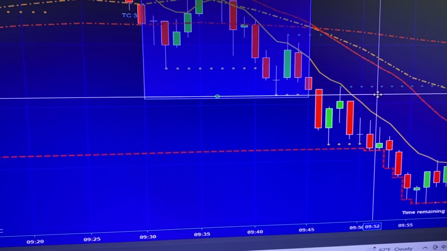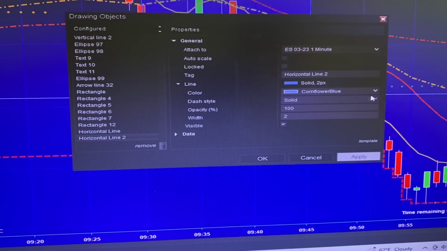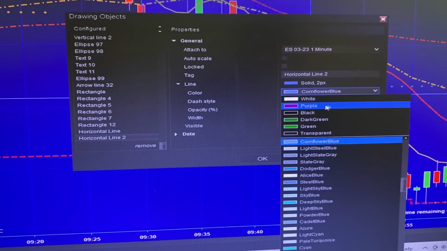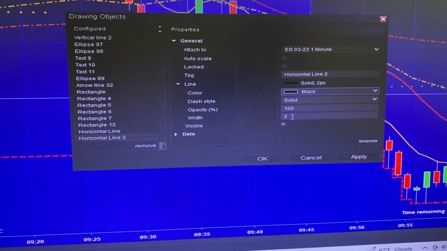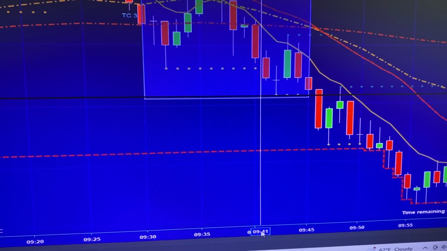And obviously you can color them up and make them bigger and all that kind of stuff, because what you're trying to do, besides getting them to show up, is look for the reaction at that area going forward.